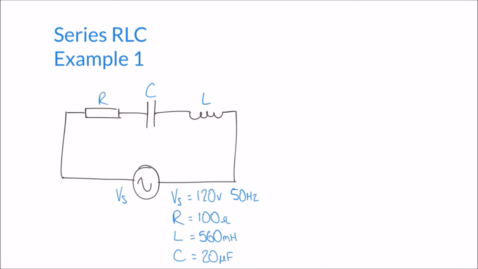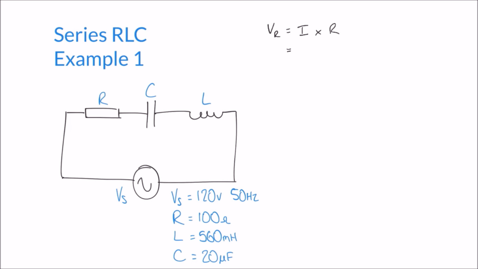Let's begin by calculating VR, the voltage across the resistor. And so VR, again using Ohm's law, is going to be current I multiplied by the resistance R. We know the current I from our previous slide.